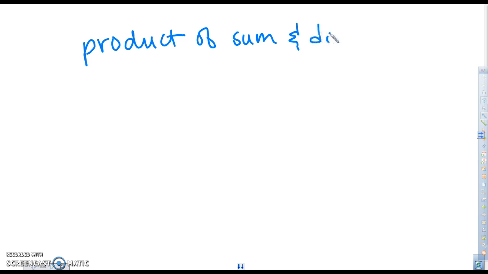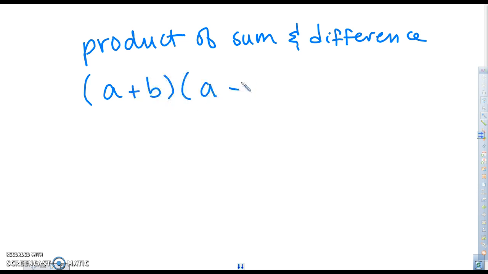The last thing we're going to talk about with special products is the product of a sum and a difference. Which means I'm looking for, for example, an A plus a B and that same A minus a B multiplied together.